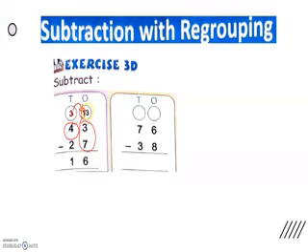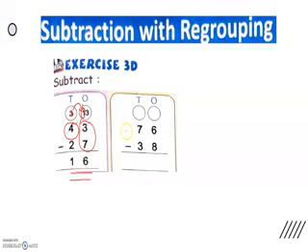Thus we will get 13. Now we have in the ones place 13 minus 7. 13 minus 7 is 6. Here in the tens place we have 3 minus 2. 3 minus 2 is 1. So our answer is 16.